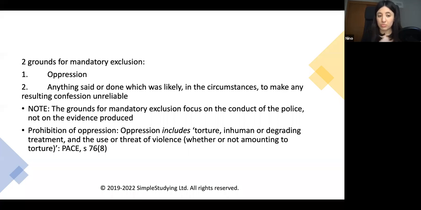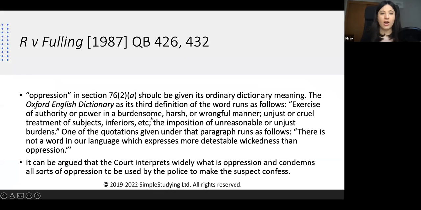Prohibition of oppression: oppression includes torture, inhuman or degrading treatment, and have a look at section 76(8) for that. R v Fulling is also a case to define what is oppression, and in section 76(2)(a) it should be given its ordinary dictionary meaning. The Oxford English Dictionary says that it's the exercise of authority or power in a burdensome, harsh, or wrongful manner.